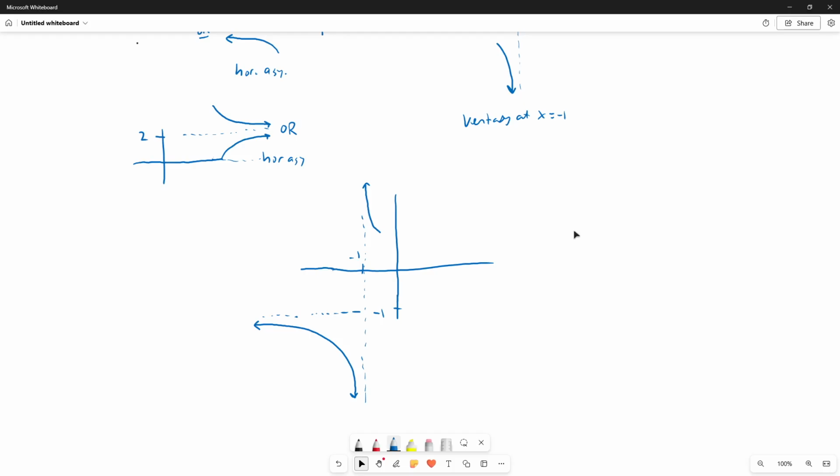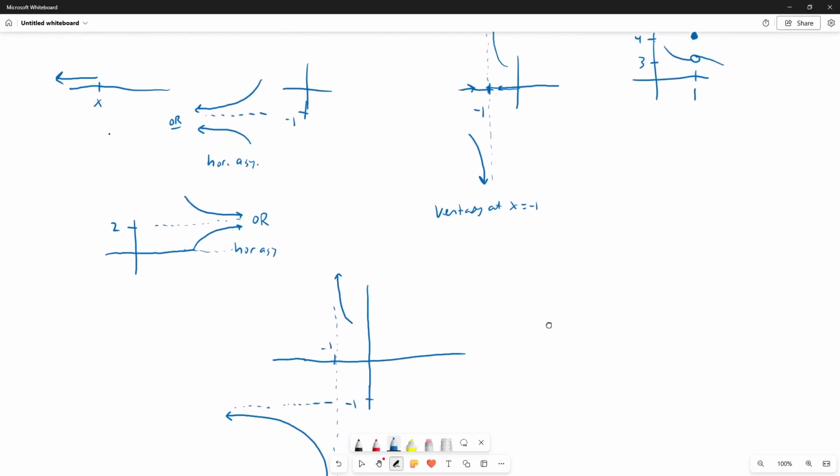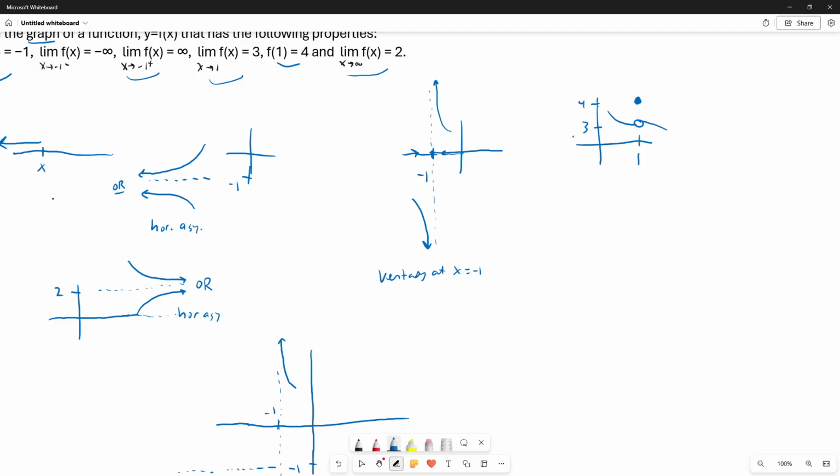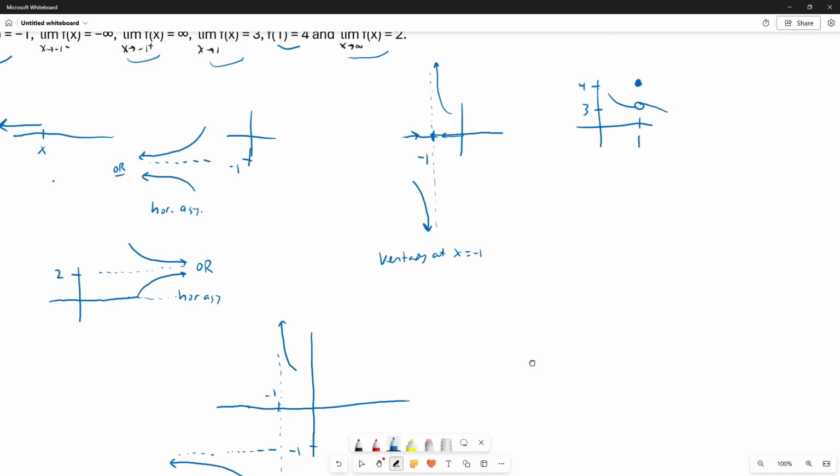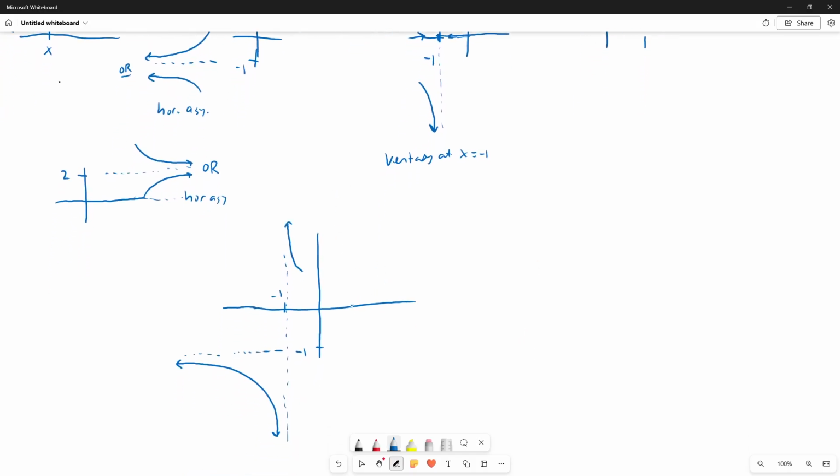And then the next feature we had was at x equals 1, the curve has a limit of 3 and a y value of 4. So when x is 1, we have here, let's put this as 3, and then this is 4.